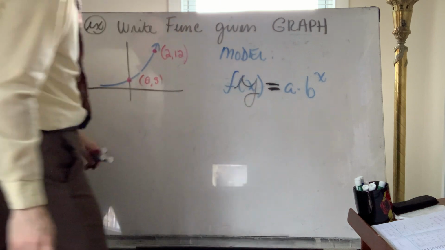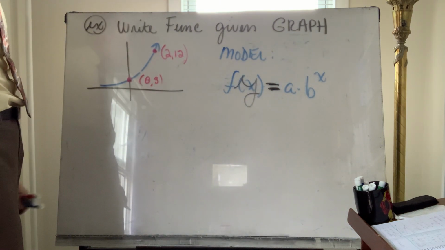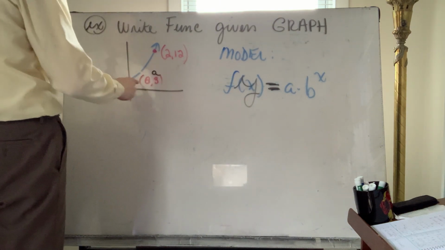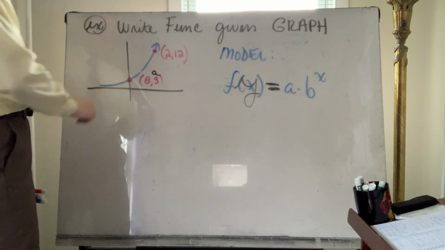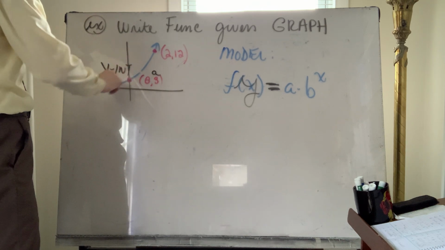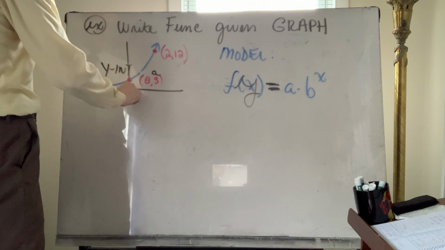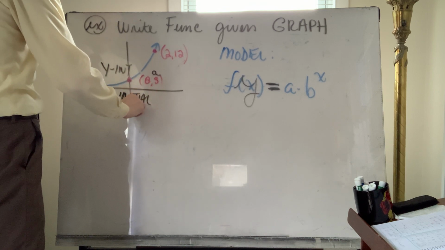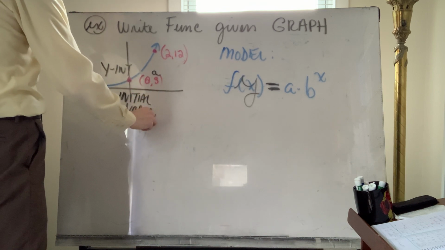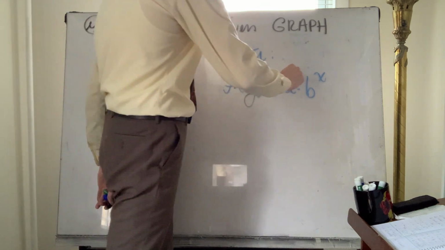We do in fact know the starting point. This is the a value here, on the y-intercept. The y-int is the starting point, the initial value known as a. So you would put a 3 in there immediately.